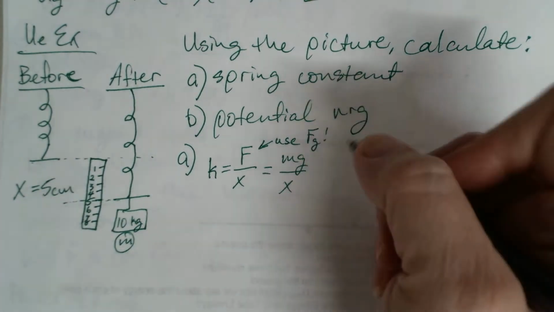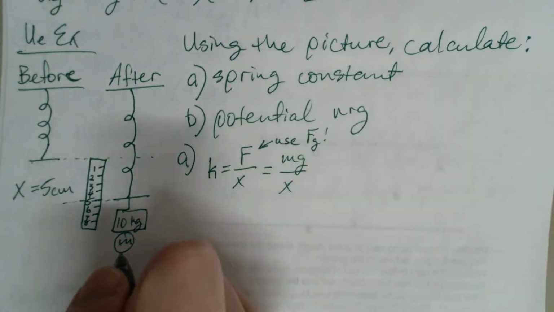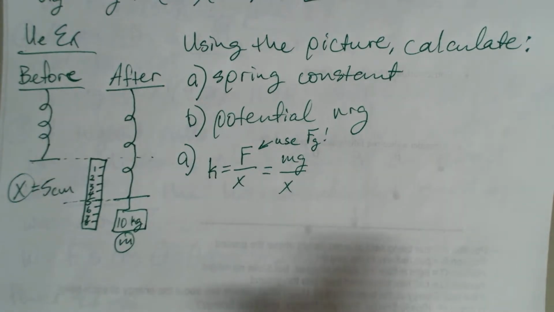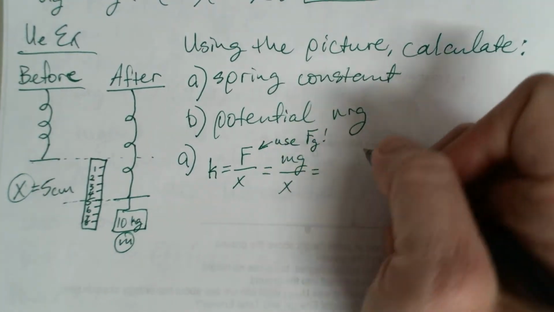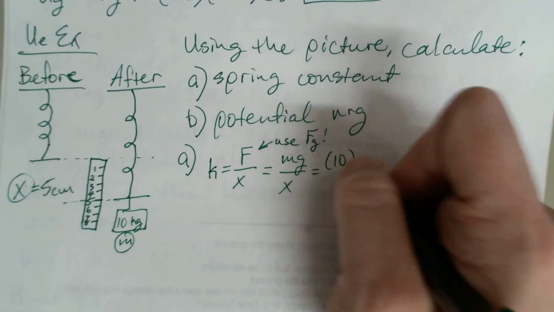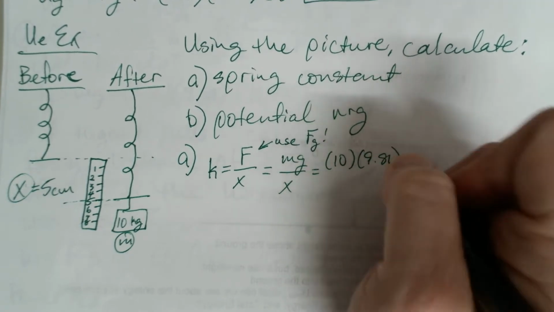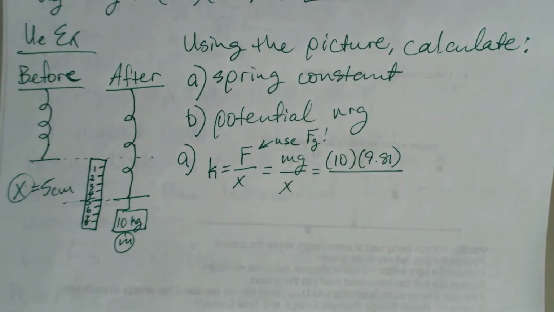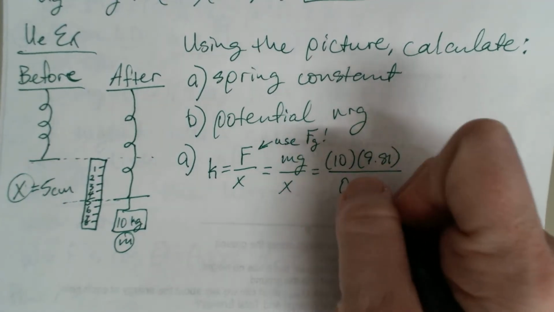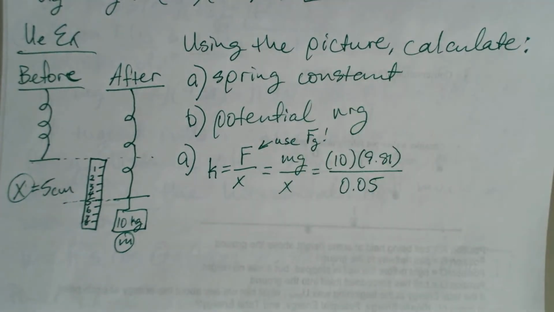So this is my x value, this is my m value, and I know gravity. So it would be 10 times 9.81 over, is 5 acceptable to put there? How many meters is 5 centimeters? 0.05. So you divide by 100 to find the number of meters.